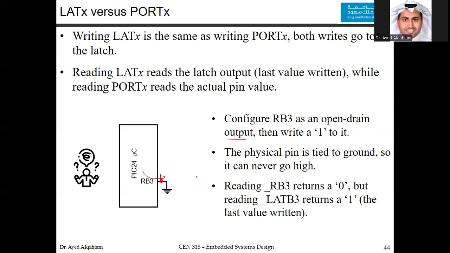So if you read _RB3, it will give you 0 because the pin is connected to the ground. But if you read LATB3, it will return 1, because when you configure it, you actually write 1 in the latch. So now they are different.